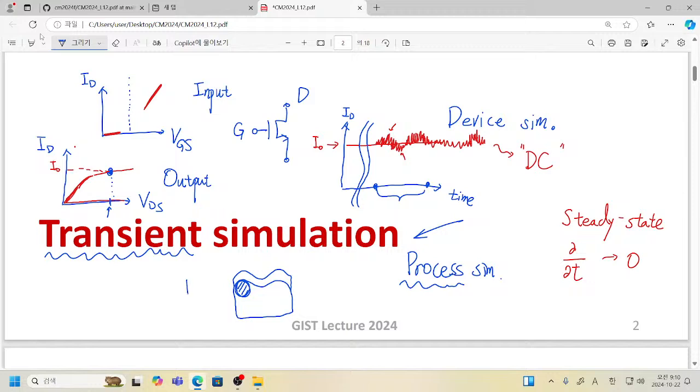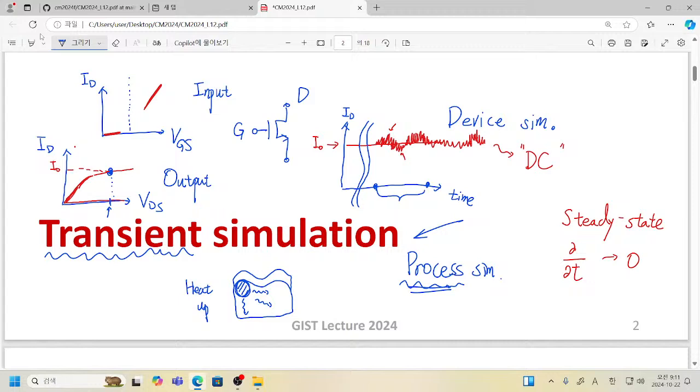However, if you heat this device up, then these dopants will diffuse over your device. So when we consider the initial condition, and after a long time later, if we measure the dopant profile, then that will show quite a big difference. Simply speaking, in the case of process simulation, it would be very difficult to avoid treating the transient behavior.